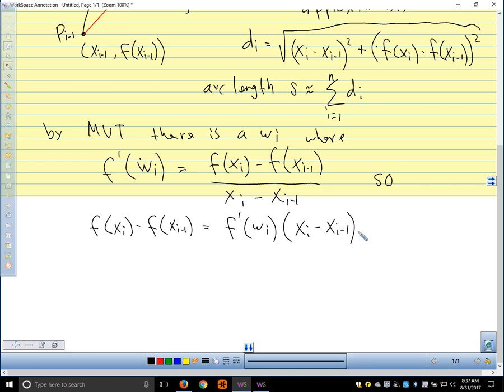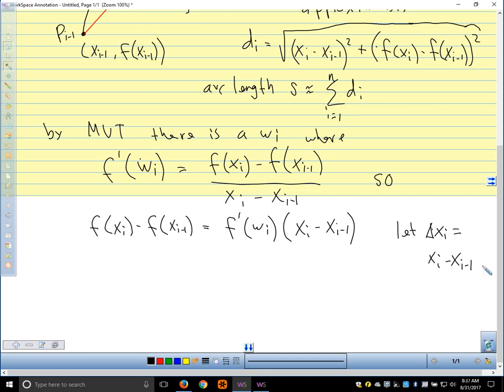And now we're going to call this x sub i minus x sub i minus 1 delta x sub i. So let delta x sub i, the change in the x value, equal x sub i minus x sub i minus 1.